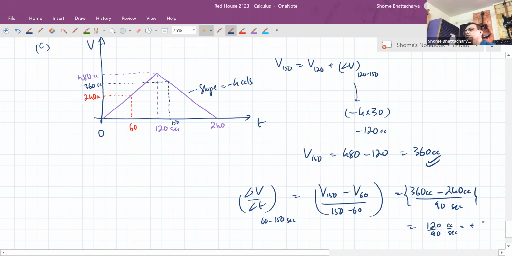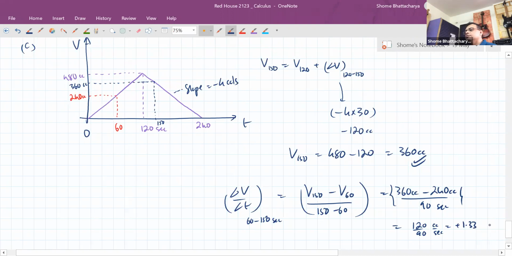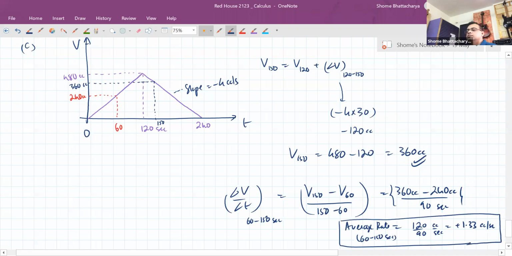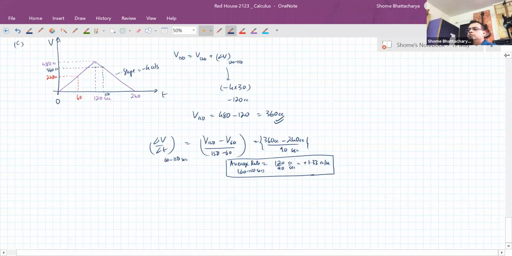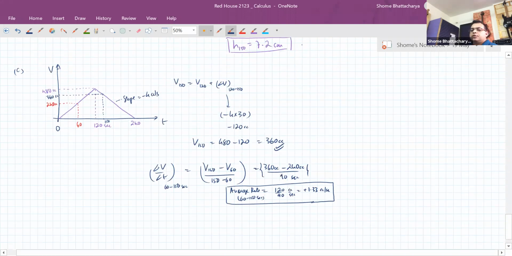That's 4 by 3 or 1.33. So this is the average rate from 60 to 150 seconds. Okay, so this is the last part of that question.